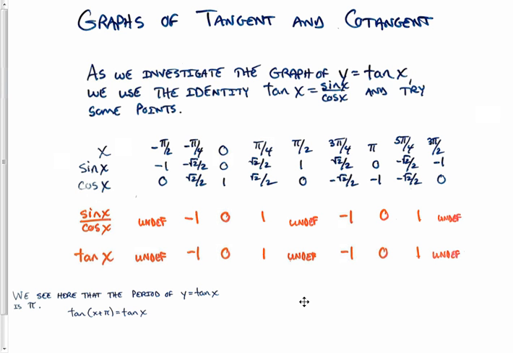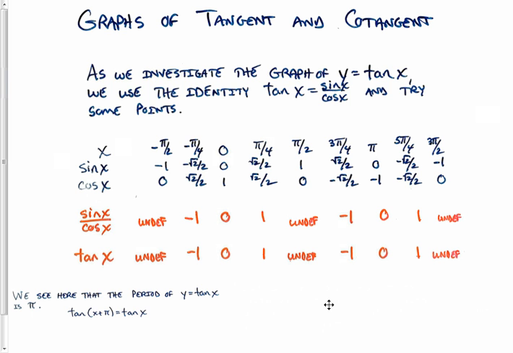And that gives us an indication, which is the case, that the period of the tangent function is pi units rather than 2 pi units like the typical cosine function or sine function. So the tangent function has a complete cycle in pi units as opposed to 2 pi units.